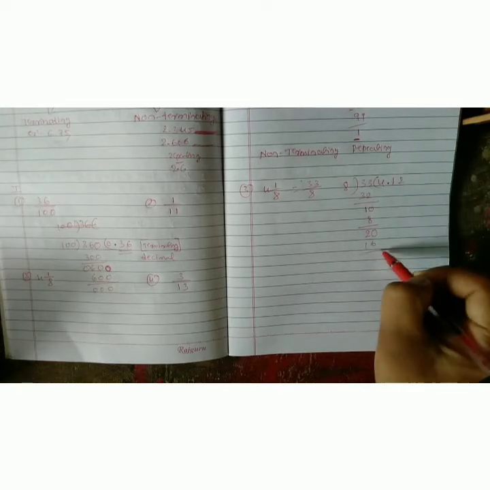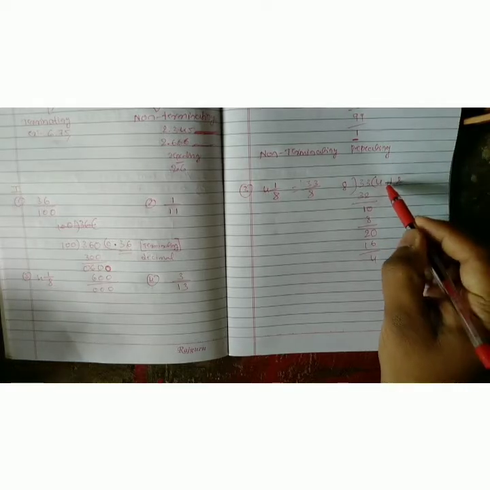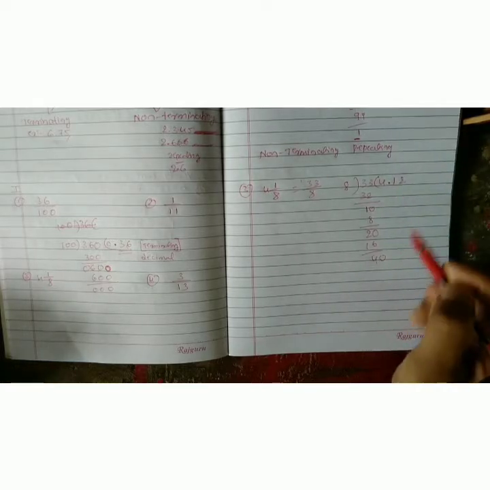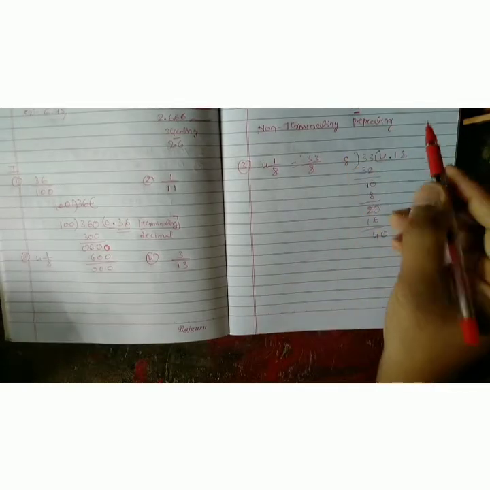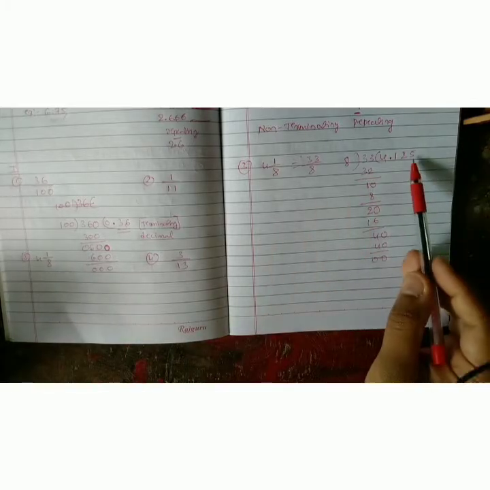It is a near number. And how much is left now? The 4 is left. So the point is already there. So we have to add another 0, means simply 8 fives are 40. Now we are getting a remainder of 0. Now tell me what type of decimal expansion it is. It is a terminating decimal expansion. Yes, it is non-repeating, right?